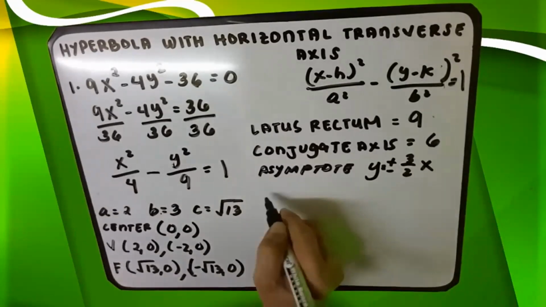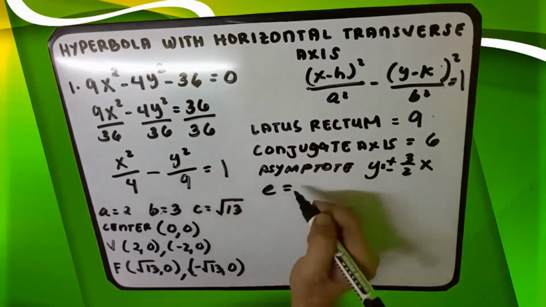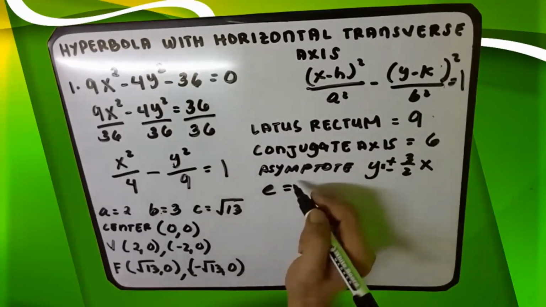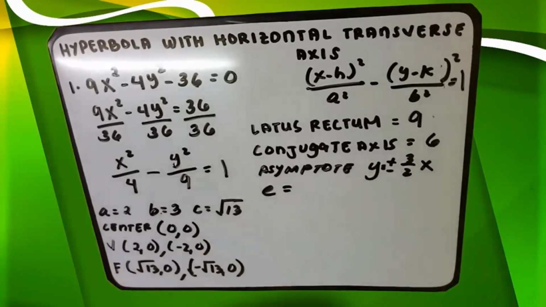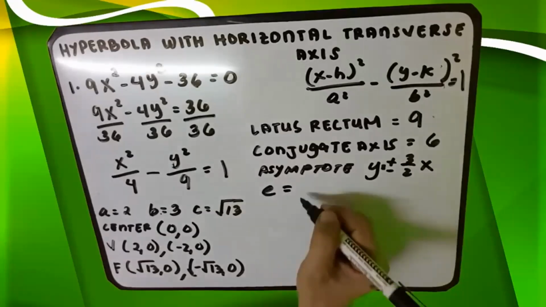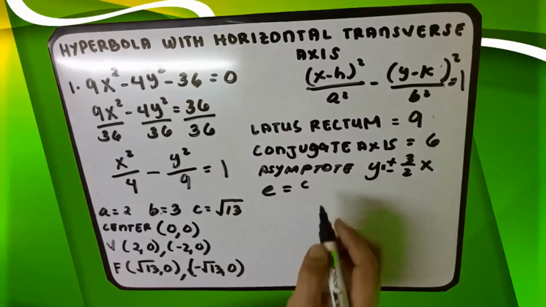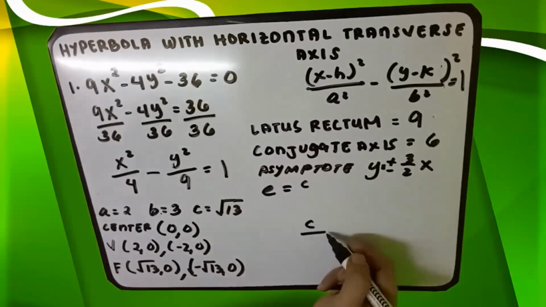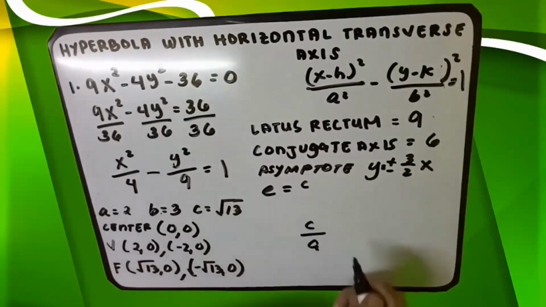And then eccentricity, yun na lang. So that is, so nakuha na natin yung square root of a squared plus b squared. So ayun ang numerator, and that is c. And then for the denominator, that is a.